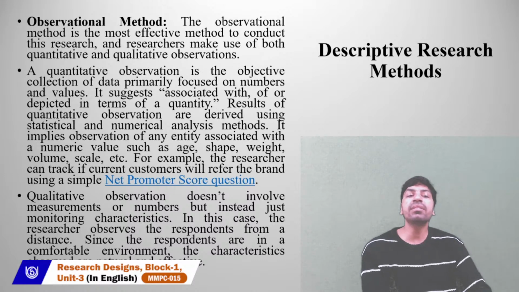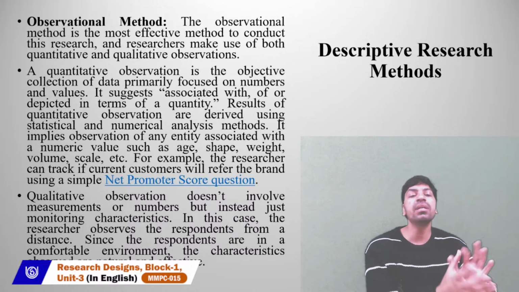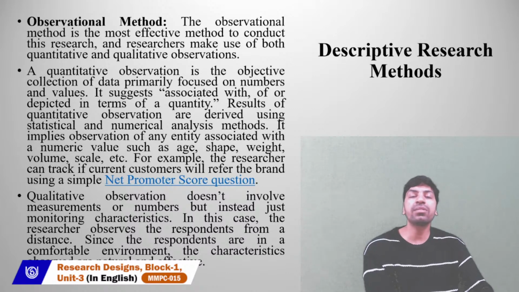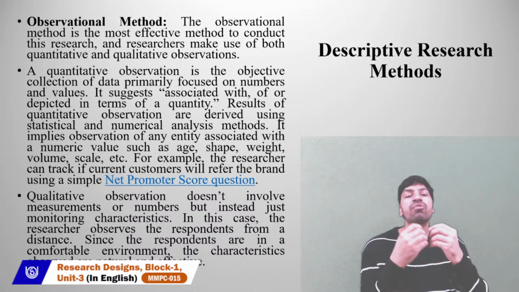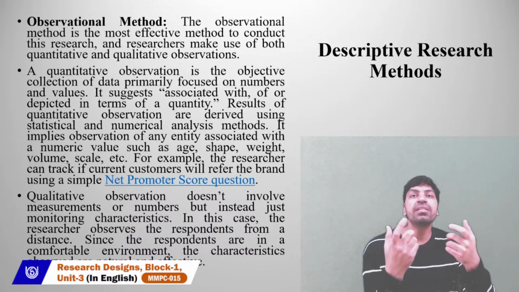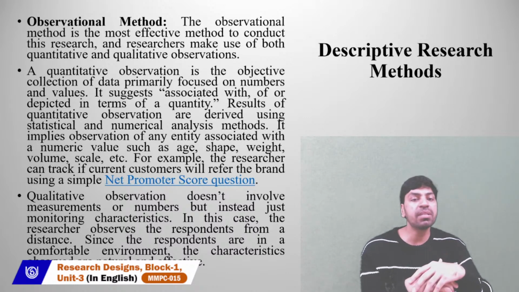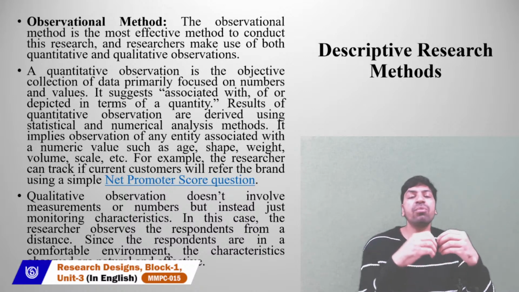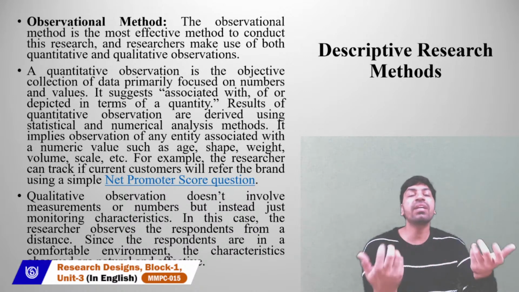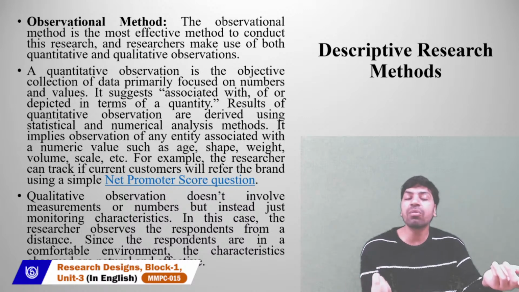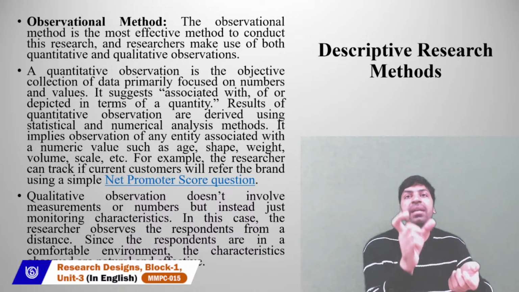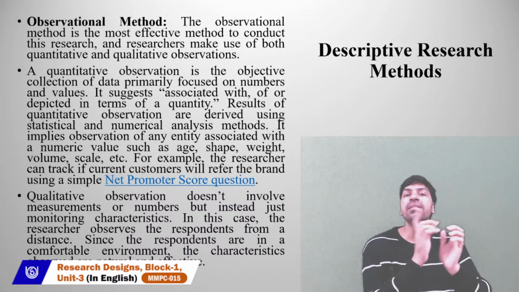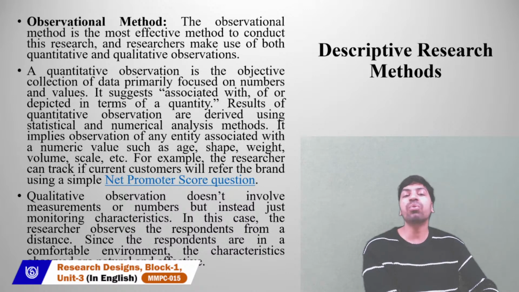For example, the researcher can track whether current customers will refer the brand. So they use the net promoter score. If a researcher wants to track the references of customers for brands, the references cannot be calculated directly, so a numerical tool is used, which is called the net promoter score tool.